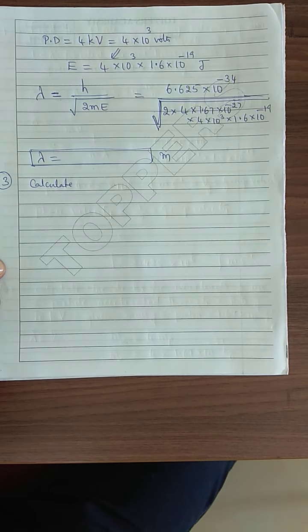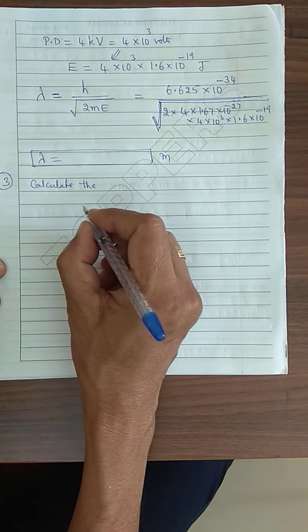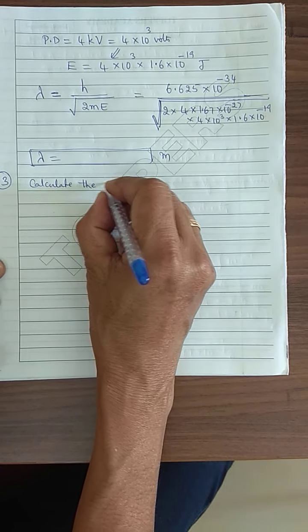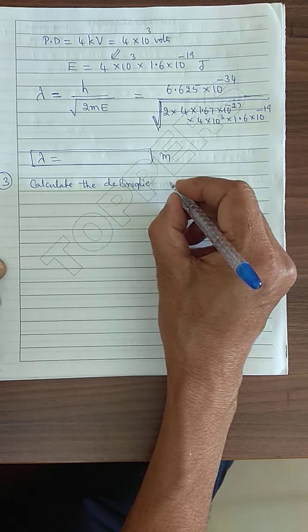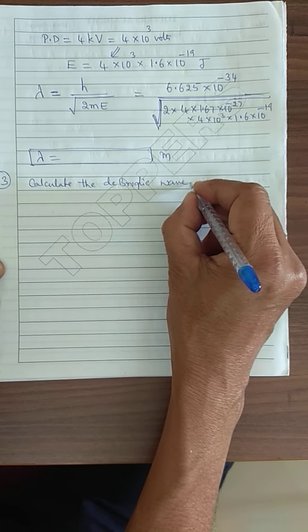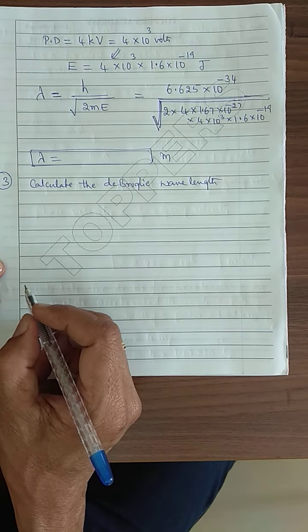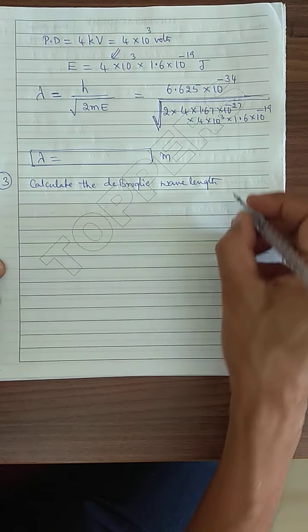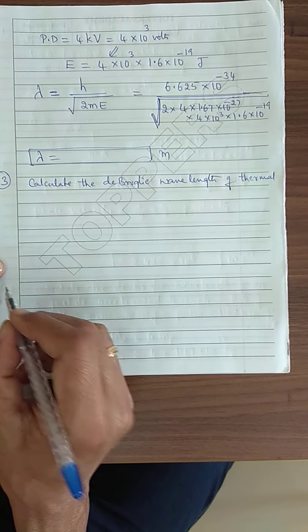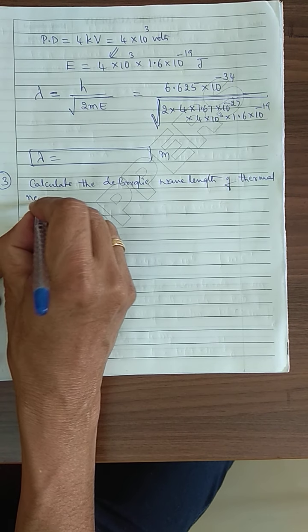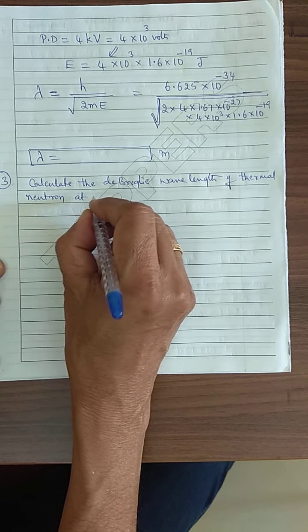Calculate the de Broglie wavelength of thermal neutrons at 0 degree centigrade.